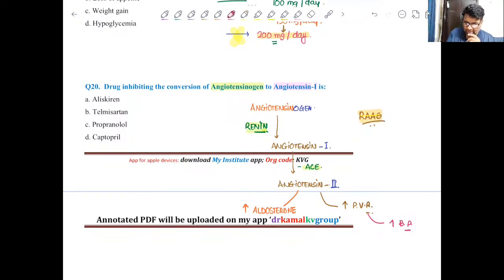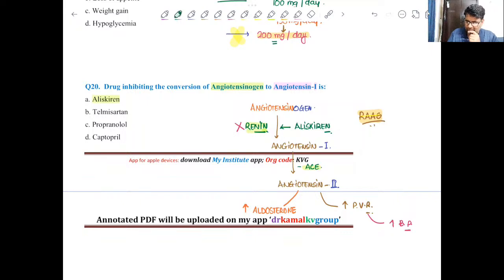So which drug is blocking renin, or which is inhibiting the conversion of angiotensinogen to angiotensin 1? And yes, the answer is aliskiren. Very good, Varsha. Okay, so this is aliskiren. Very good, Siva. So this is aliskiren here. Fine.